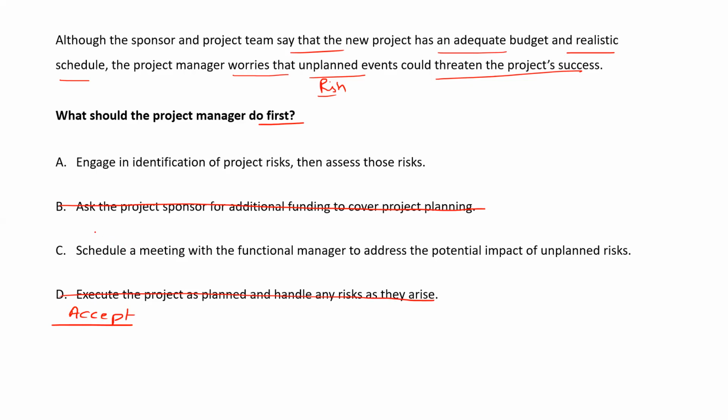Now remaining is A and C. When the assessment is not done, how can you check the impact? So this is step 1 and this is step 2. So they are asking what? First. So first is A. I hope you guys got the explanation in the same way as I have done it on the screen.